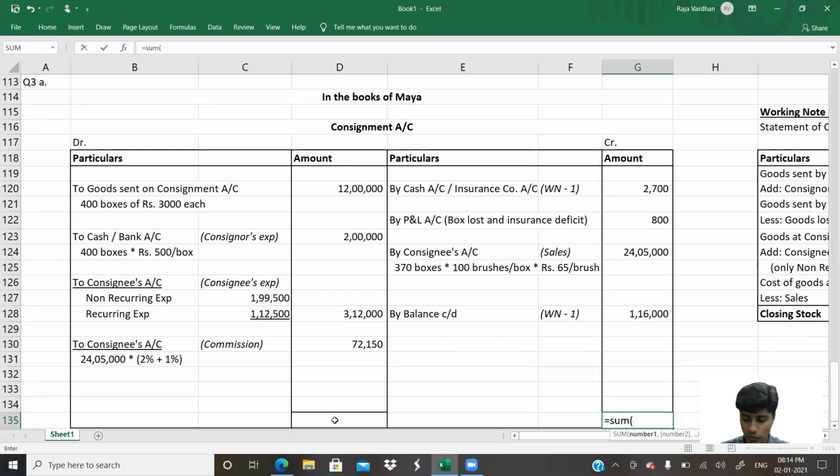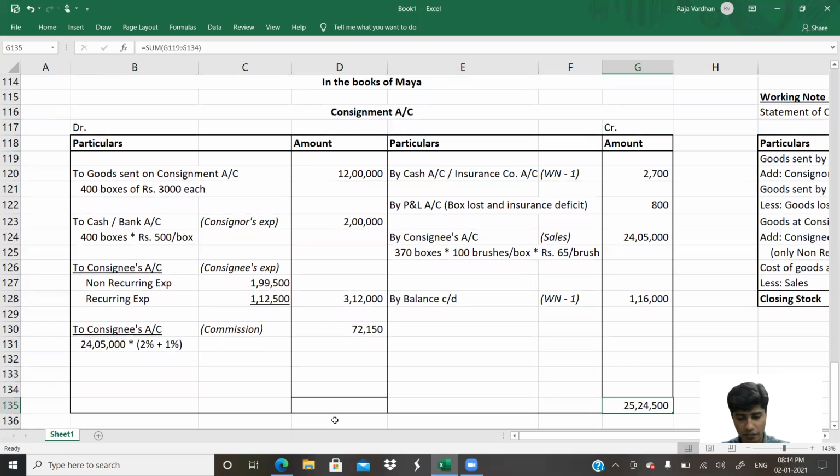Now let's find totals so that later we can identify balancing figure as our profit or loss. 25 lakh 24,500, 17 lakh 84,150. So the difference here is profit. Where will it go? P&L account. This is profit on consignment.